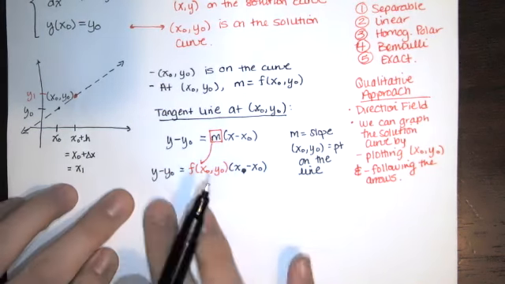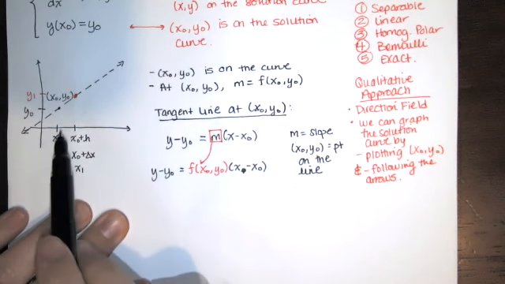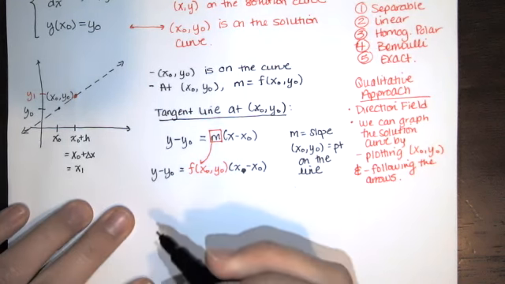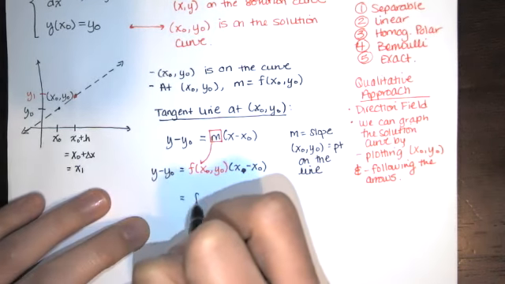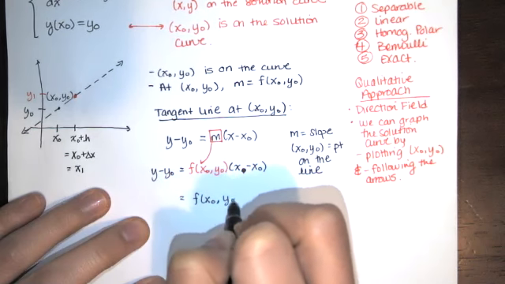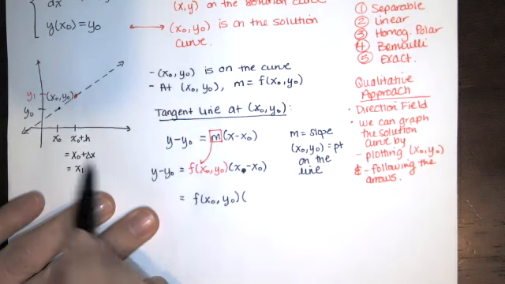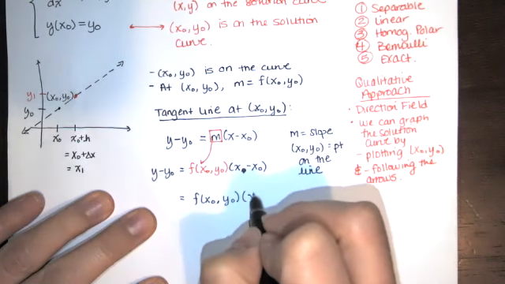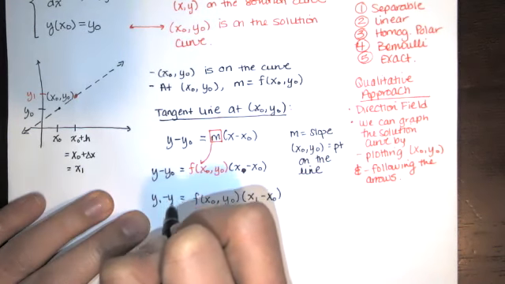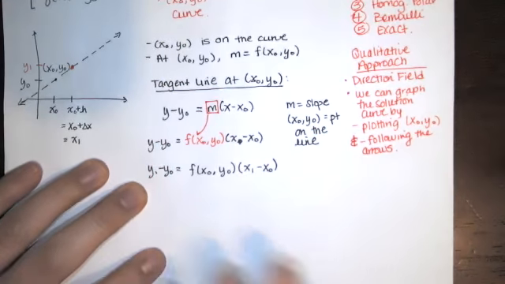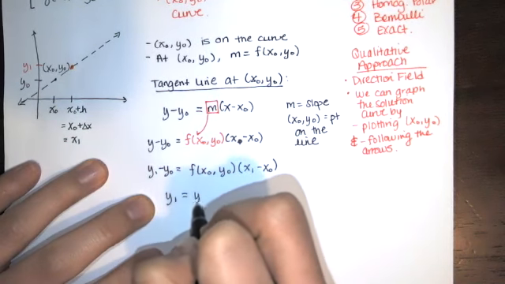So we've got our tangent line, and we only want to use this for a tiny step size delta x. If I evaluate this at x1, y1, I get this. And then if I add that y naught to the other side, I get this.